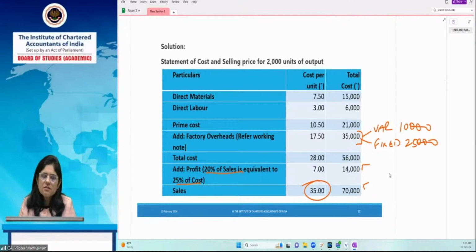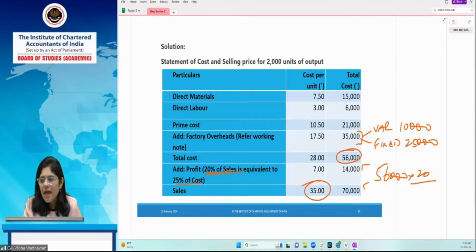You should know these simple mathematical tricks. If 20% is on sales but you calculate on cost, so 56,000 into 20. If it is on sales, it would have been 20 by 100. But I'm calculating on cost. Cost will be less than 100.